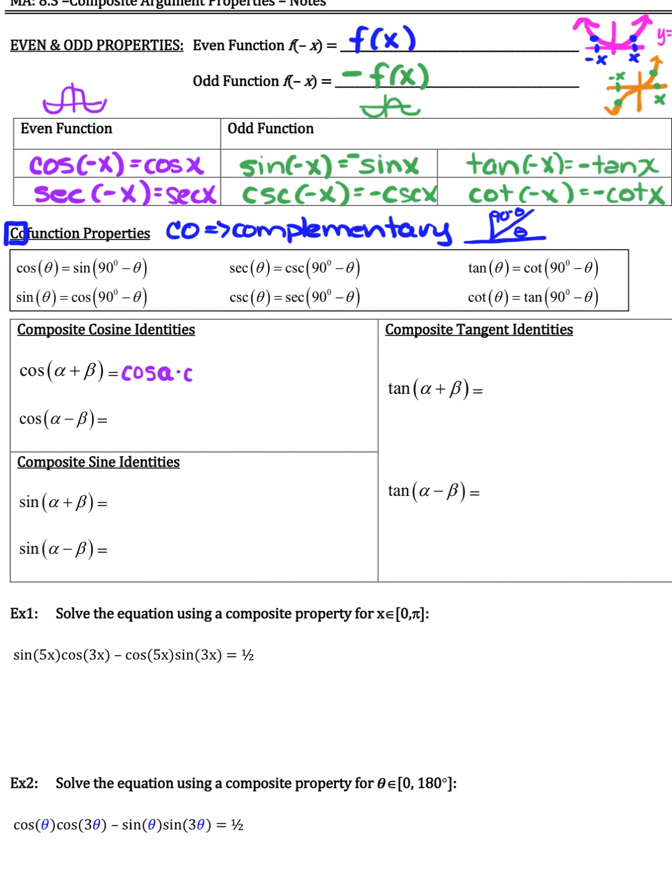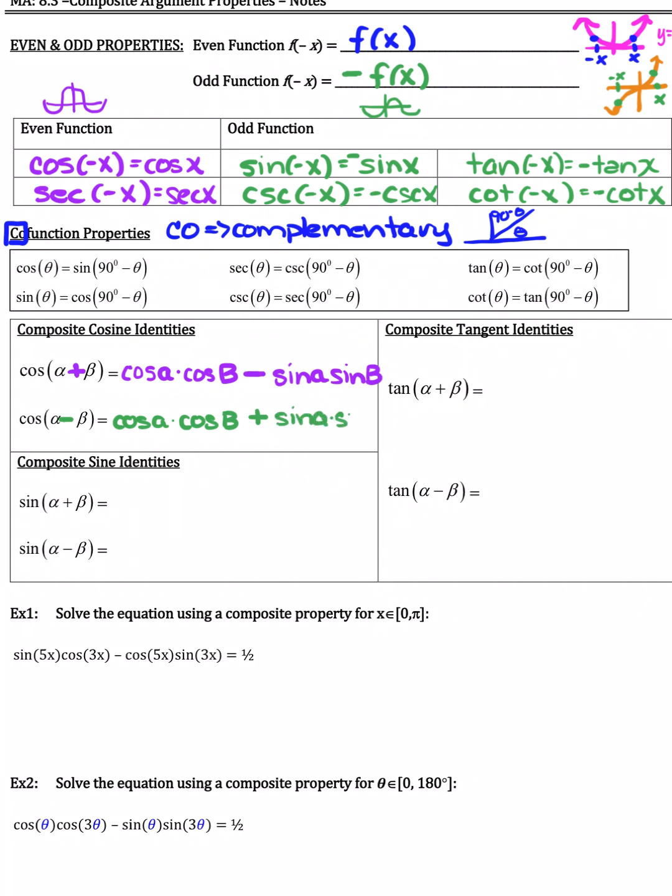Cosine A times cosine B. But if this is a plus, then you do the opposite sign here, and then it's sine A, sine B. And if we have the negative, it's still all the cosine, all the trig stays together, but you get the opposite sign. So that was negative, this will be positive.